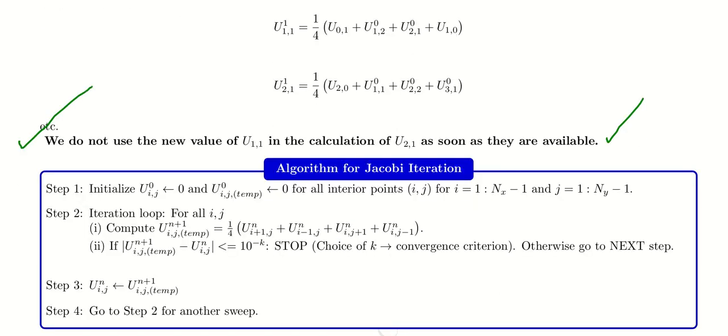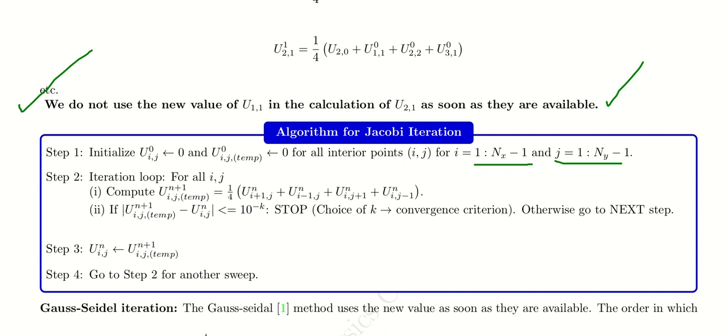First I am just writing the algorithm for Jacobi iteration, without the part of the boundary values, only the main part of the calculation. First you have to initialize u_ij^0 as 0 and u_ij temp, another temporary variable for comparing, as 0. For all interior points, i equals 1 to nx minus 1 and j equals 1 to ny minus 1.